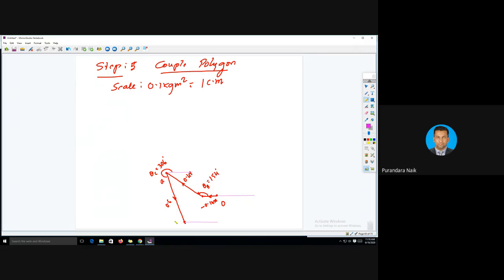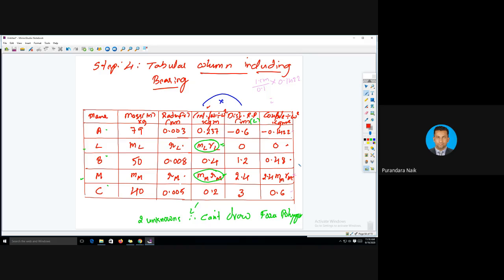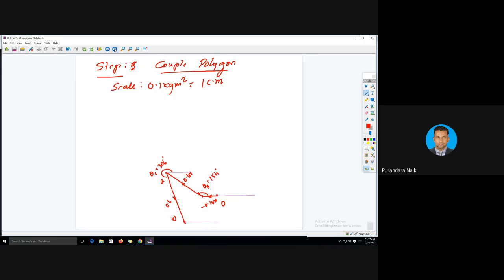This is A, this is B. The last side remaining is 2.4 into RM. If it is a closed polygon, the last line itself is unknown, and we just show it in a dotted line.